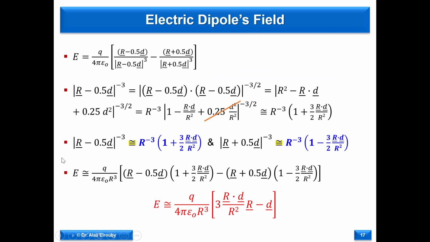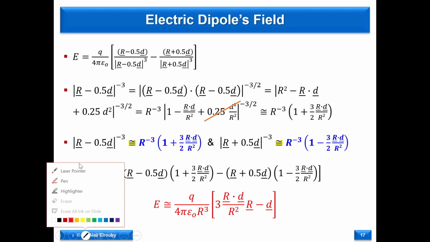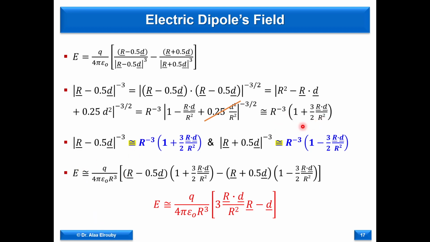We are left with this expression, and we can apply Taylor expansion. We're going to use it frequently in electromagnetics. Just look at the expression for the Taylor expansion of 1 minus r dot d over r squared.